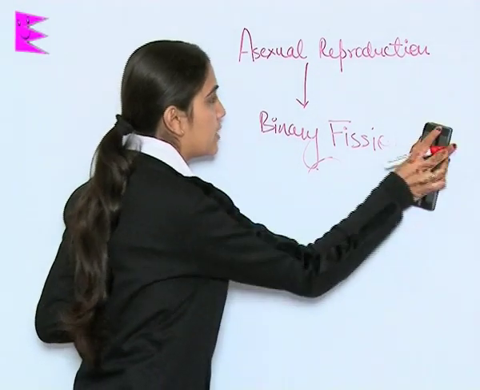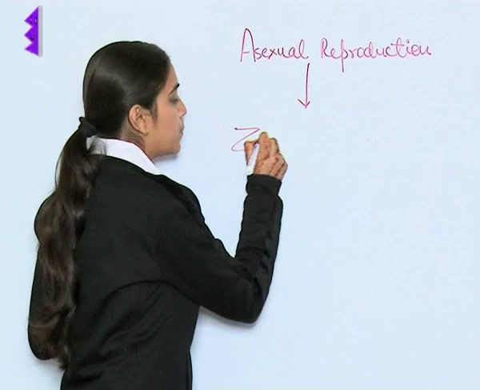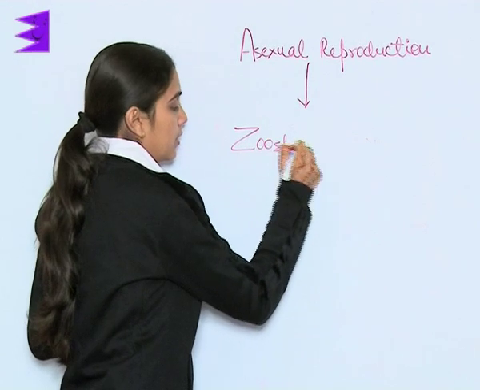Now, the next process of asexual reproduction is zoospore formation.